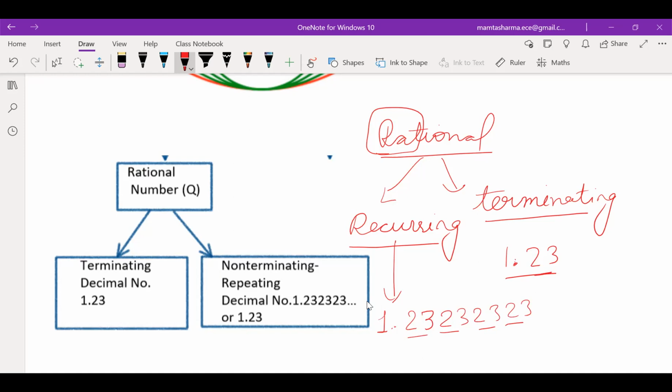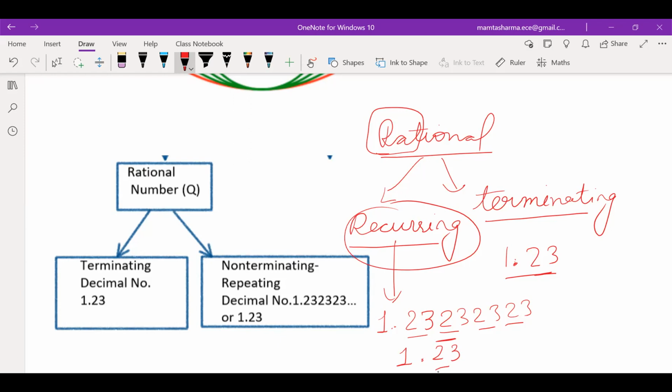That is also a rational number, and that rational number would be of recurring type. Without writing 23 a hundred times, or 200 times, 1000 times, I write a bar over these numbers 23, so that I can show that this 23 is repeating again and again.